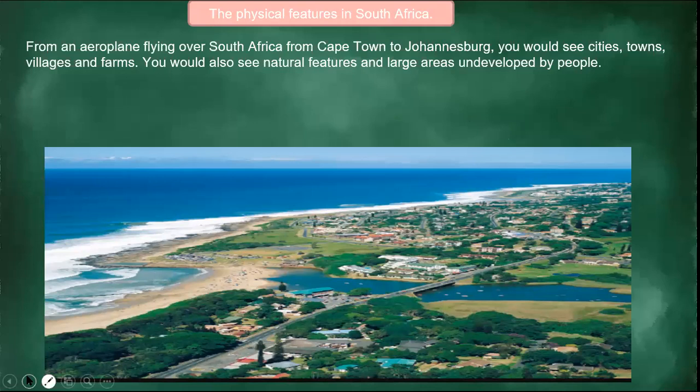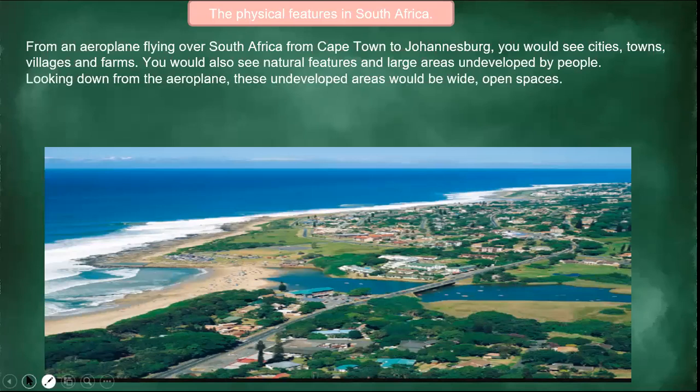You will also see natural features and large areas undeveloped by people. Looking down from the aeroplane, these undeveloped areas will be wide open spaces, just like in the picture.